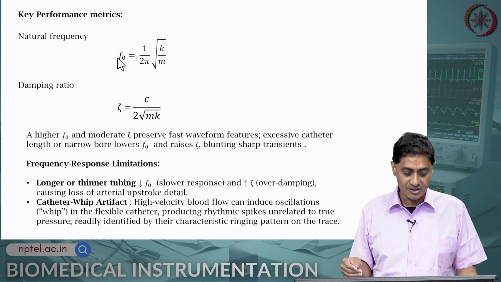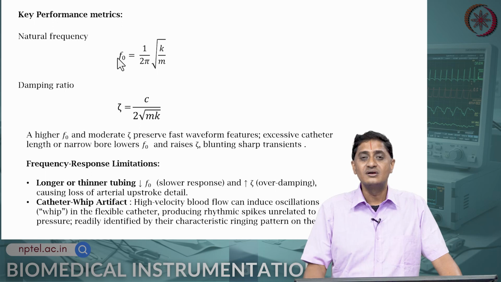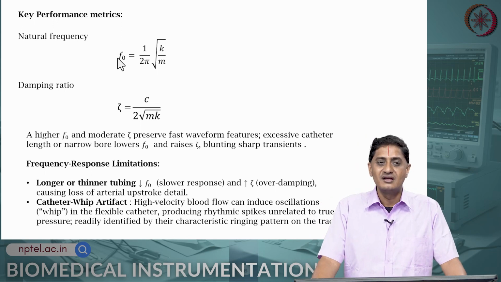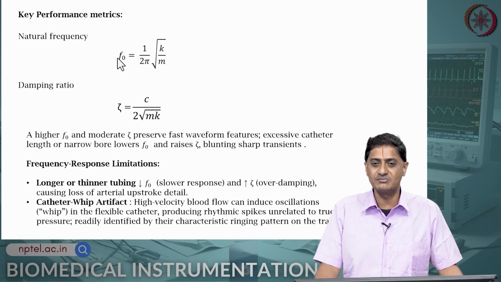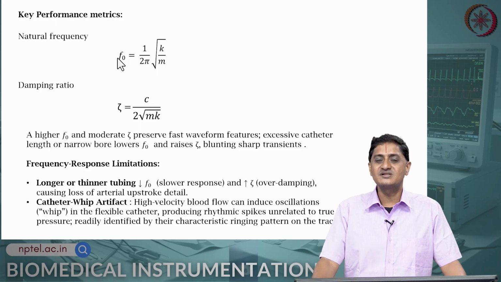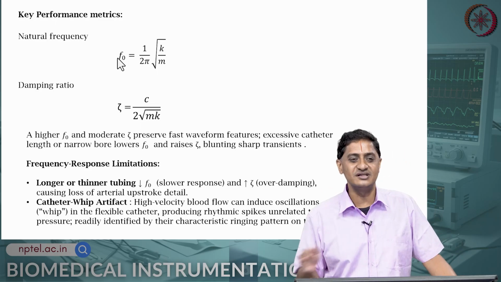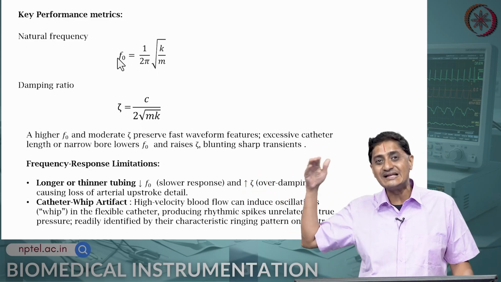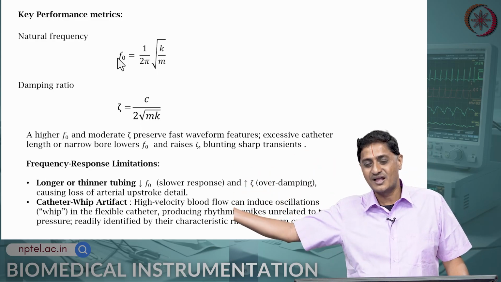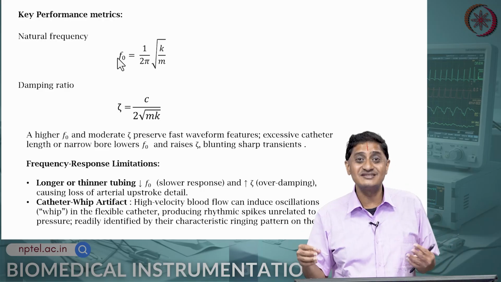So, there are challenges. One more challenge is the so-called whip. This is the catheter whip artifact, in which sudden changes of high velocity blood flow sometimes cause oscillations of the flexible catheter, which are reflected as pressure changes in the extravascular sensor. But this is just noise, this is an artifact.